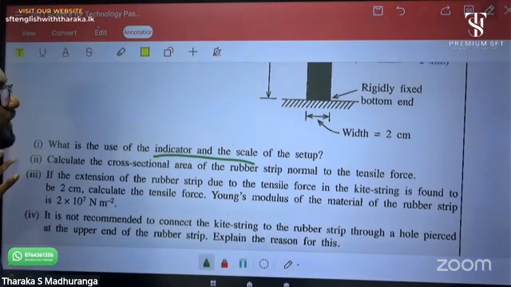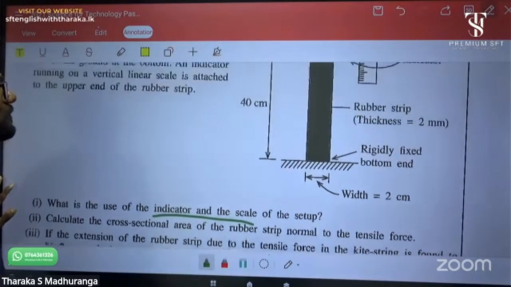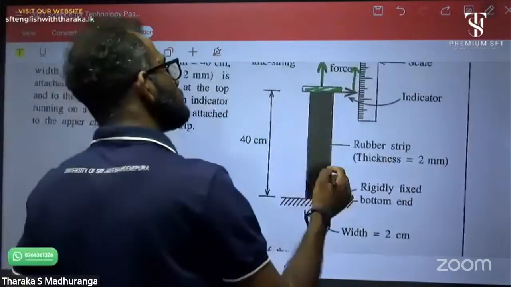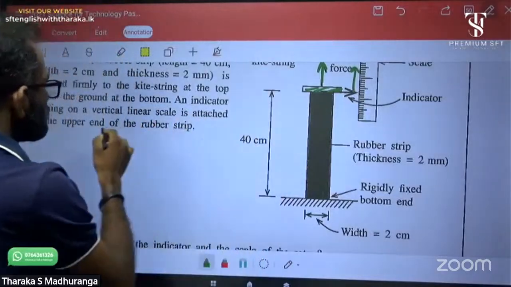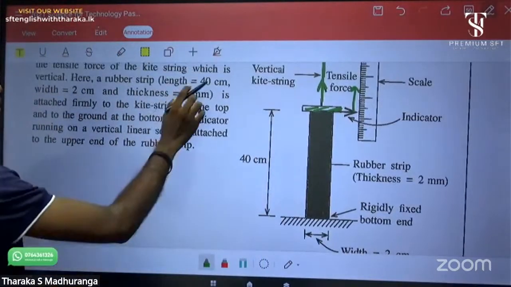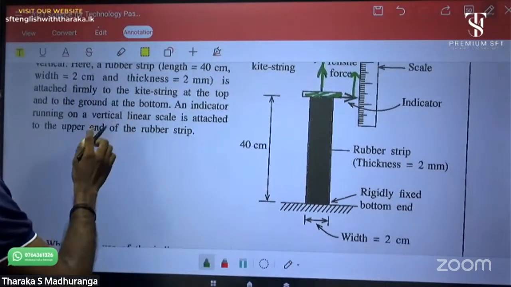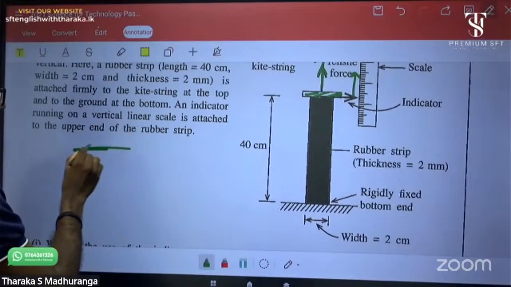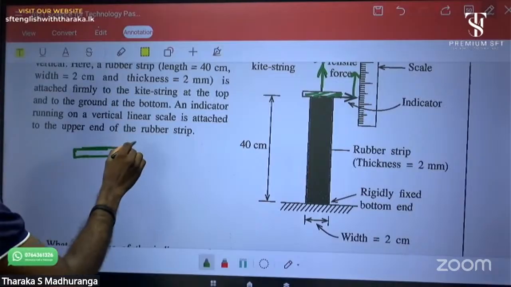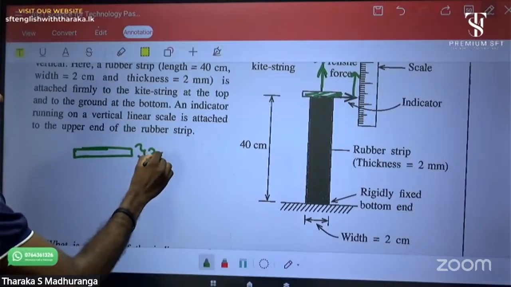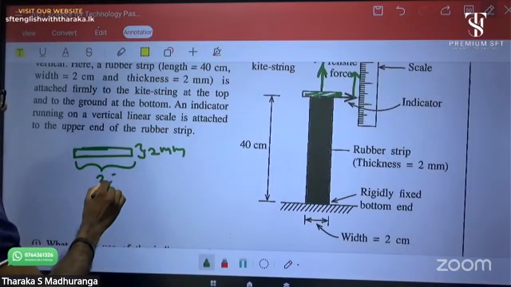Calculate the cross-section area of the rubber strip normal to the tensile force. The cross-section area is asked. The length is not required. It's a very tiny cross-section area, right? The thickness is 2 millimeter and the width is 2 centimeter.